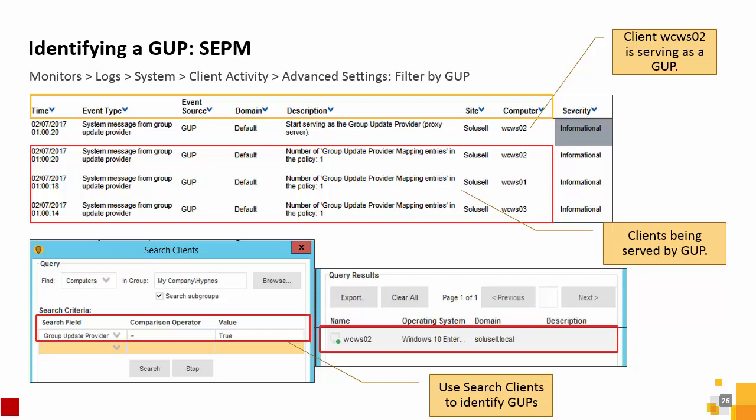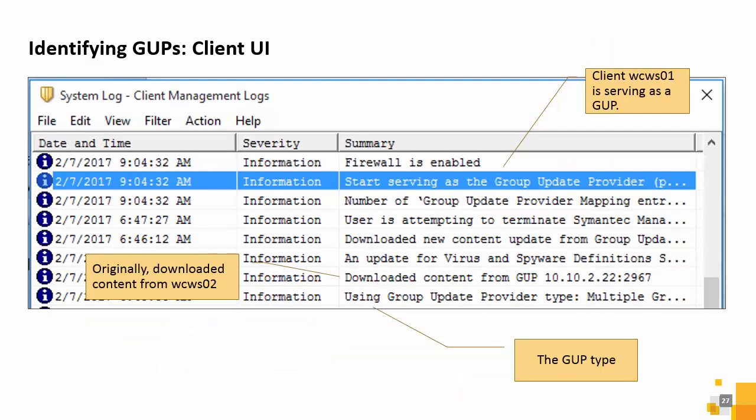In the search field, select Group Update Provider, the comparison operator is equal, and the value as true. You can search in any group and choose to include subgroups. In the Client UI, view the system log below Client Management Logs to see which client is serving as a GUP, from which GUP a client is downloading content, and the GUP type.